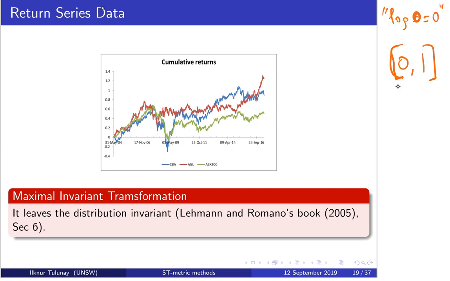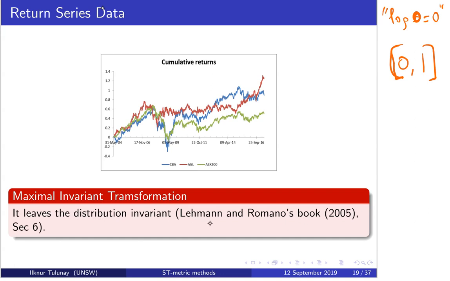If we do that, we can include 0 and 1 in all our definitions. So in general, the data points in finance are different from 0, 1. But we can transform any return series data into 0, 1 by applying the maximal invariant transformation.